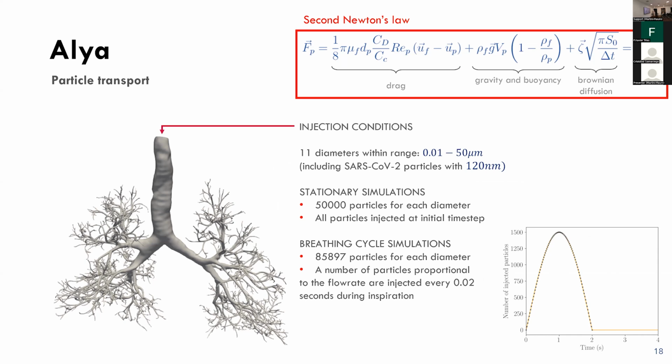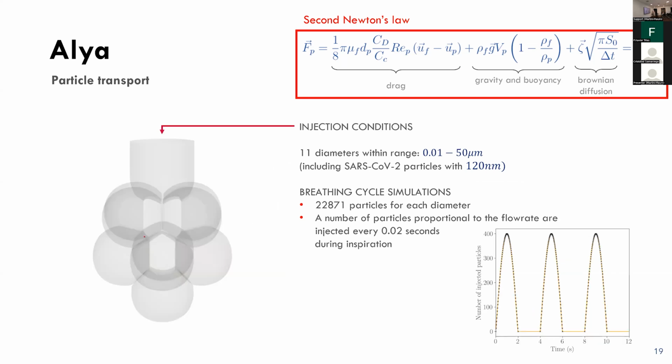And when we simulate the cycle, the injection was done following the flow. The same for the alveolar sacs with that specific condition, which was scaled between the conductive and the respiratory zone.